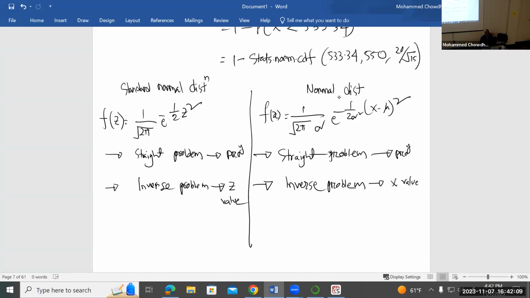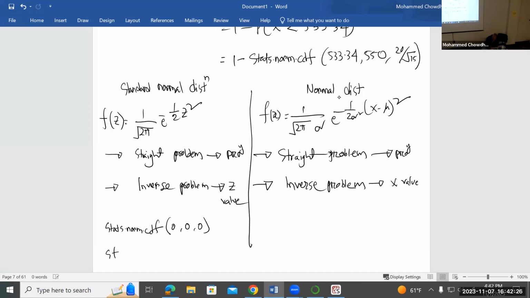So two formulas you have to use. One is stats.norm.cdf, with one entry, another, another.